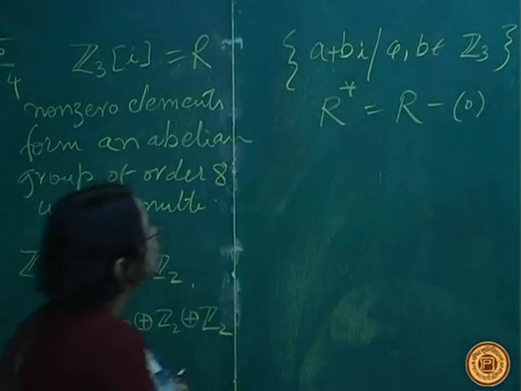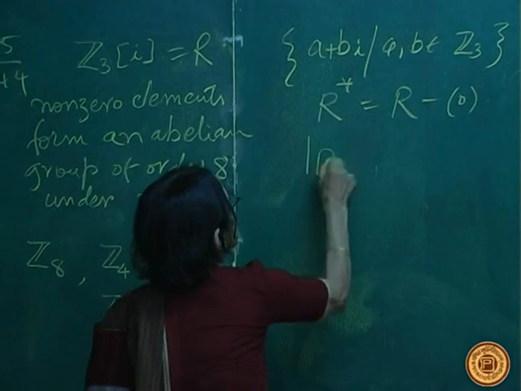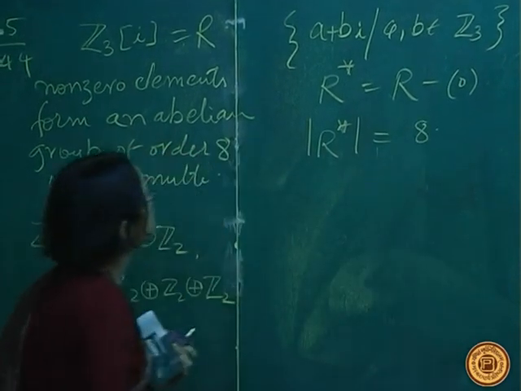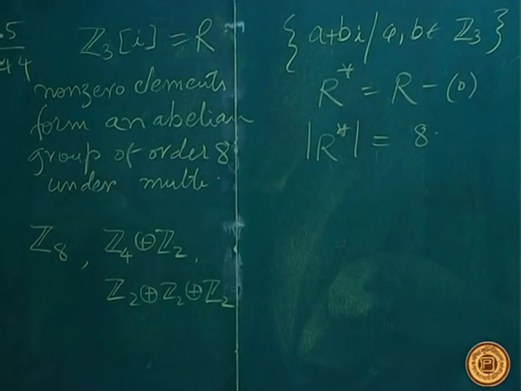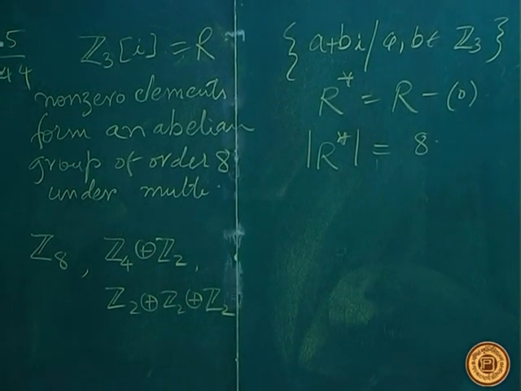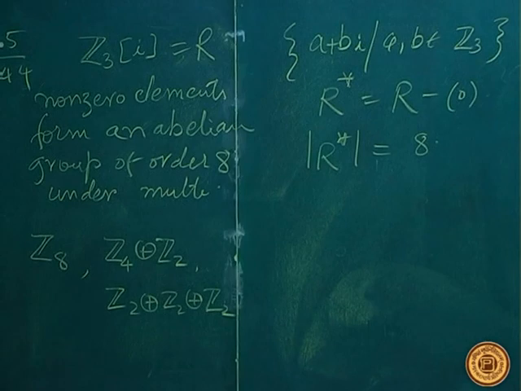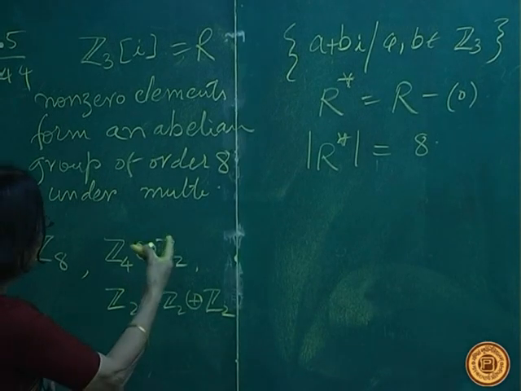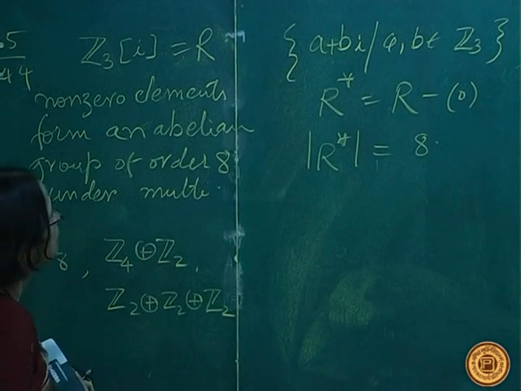So there are 8 elements, R star has order 8. So first of all, under multiplication it is a group. It will in fact be a field, non-zero elements forming a multiplicative group. Let us just check on that.